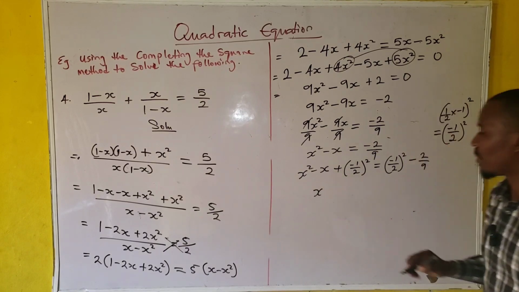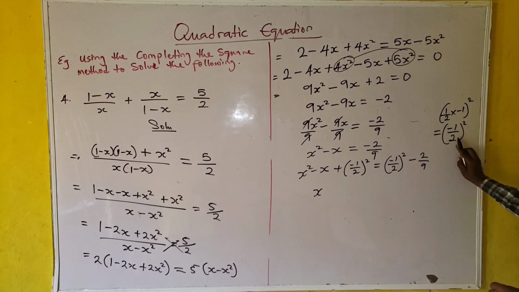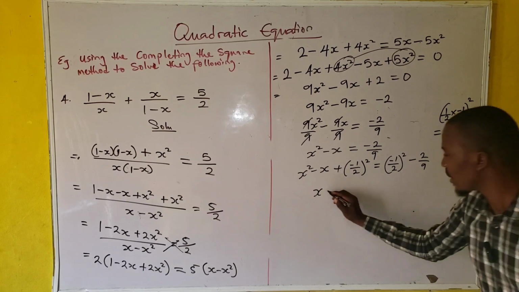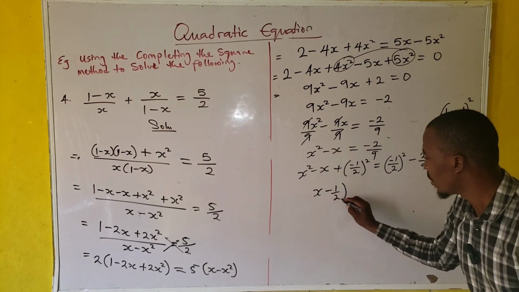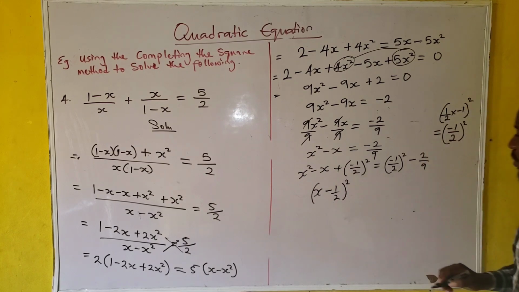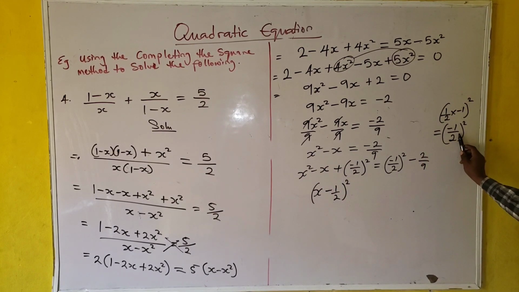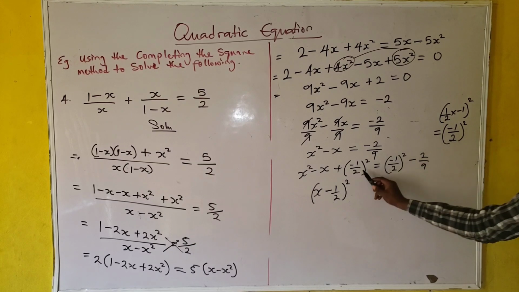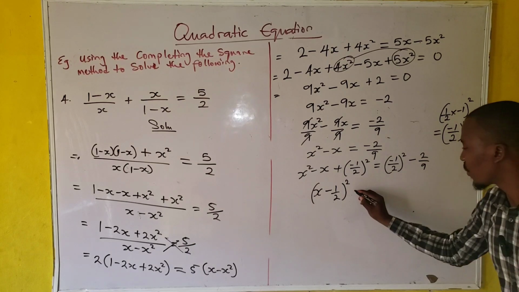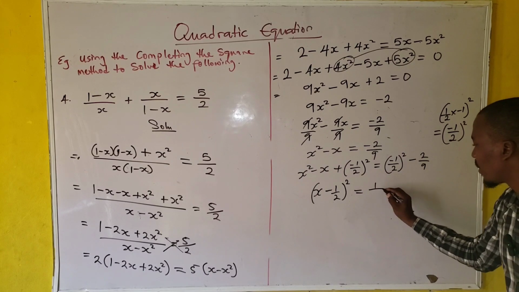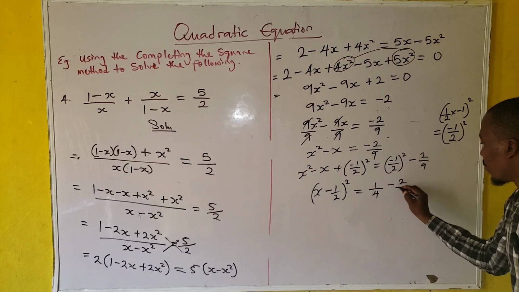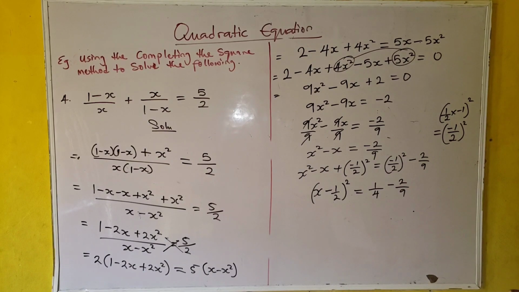Pick your variable, come here and pick what is here, which is minus 1 over 2, enclose with a bracket and put your square. So this is the shortest way of factorizing a perfect square when you have already known what you added to make it a perfect square. So this will give us 1 over 4 minus 2 over 9.